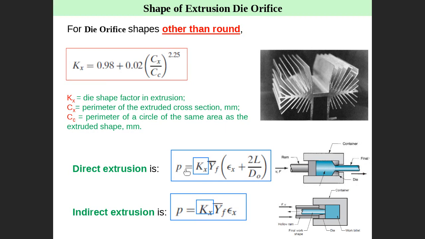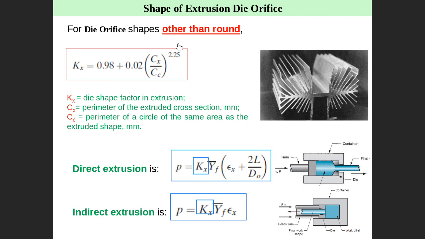Then the new equation becomes pressure equals kx multiplied by y bar flow epsilon x plus 2L divided by dO. Only kx is added to modify the equation to adapt to the complicated shape produced in the die opening.